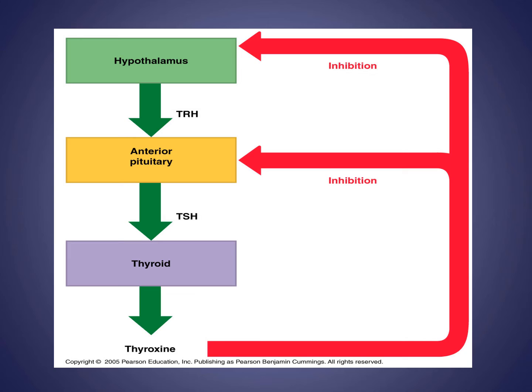After T3 and T4 do their function and the stress has subsided, they start a negative feedback upon the hypothalamus and upon the anterior pituitary lobe. This inhibitory effect stops secretion of more TRH from the hypothalamus and more TSH from the anterior pituitary, and the axis calms down again.